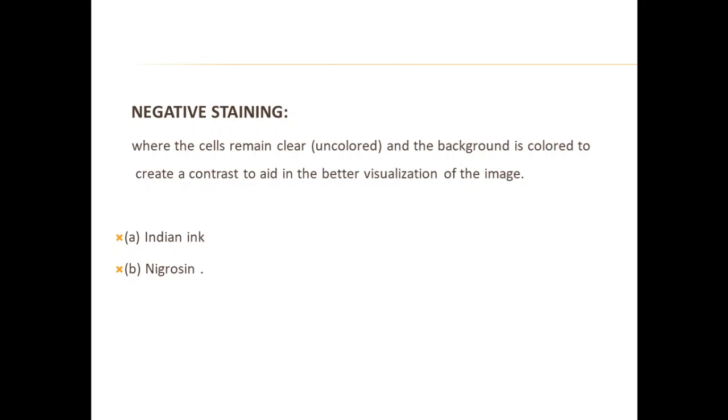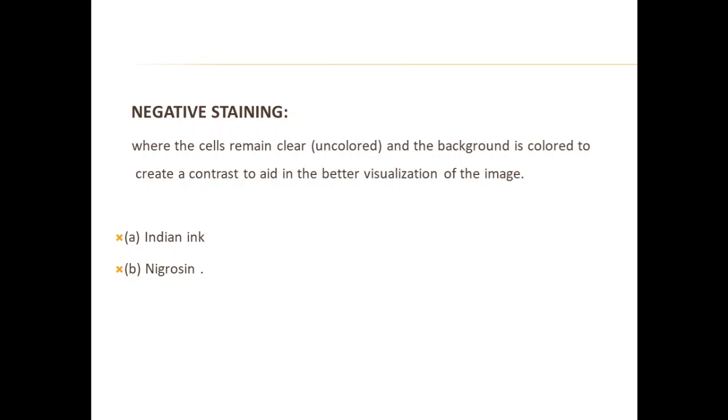So in case of negative staining, we are not staining the bacterial cells, but rather the background is stained and there is a contrast developed between the microorganism and the background, so that the organisms can be observed clearly.